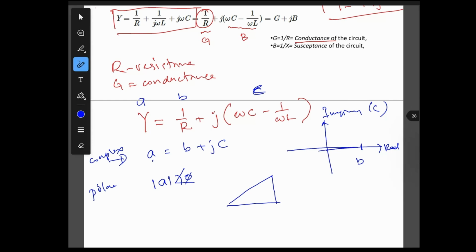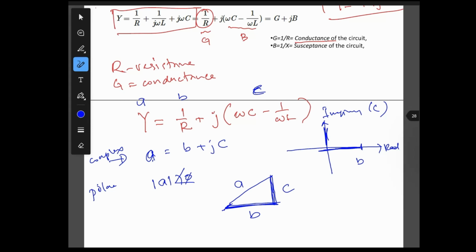B is the real part, and C is the imaginary part, C with imaginary J. So A is equal to B plus JC.